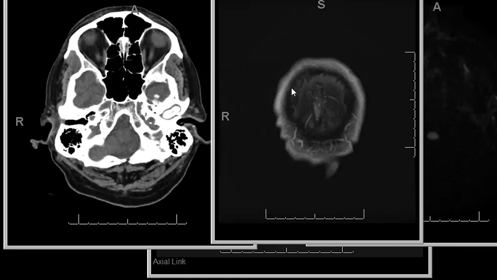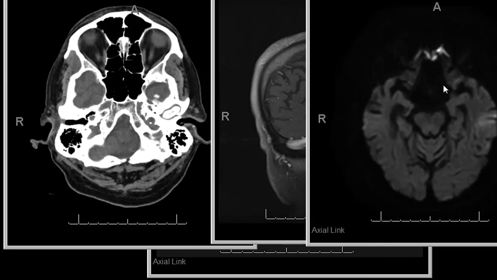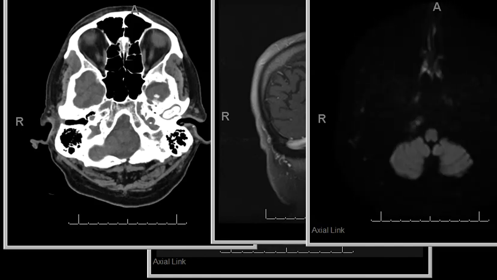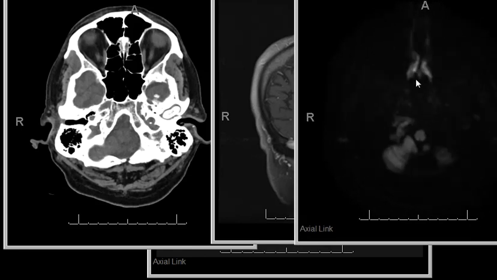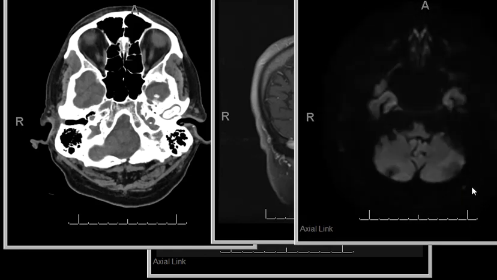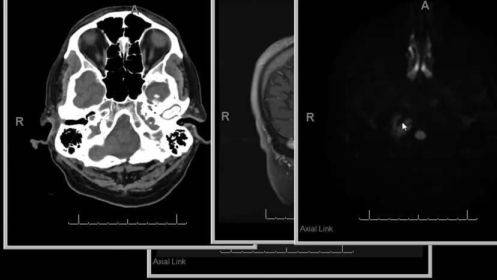But the MRI also missed this. The lesion was missed here, because I just want to let you know that diffusion images are very helpful, not only for the brain, for stroke, but also for scalp lesions, skull lesions, and skull base lesions.